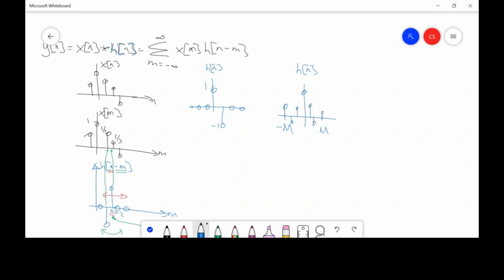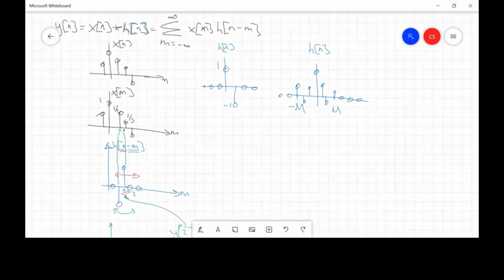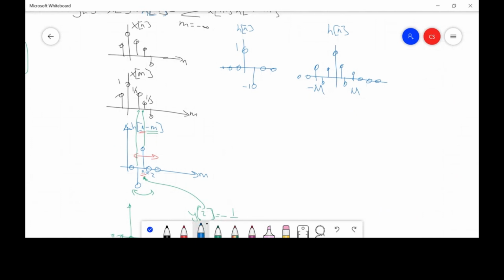It is whatever, but it goes from minus n to n. And then outside this region it is 0. Then in this region, this point here will be shifted to n. You see, this is the origin shifted to n.